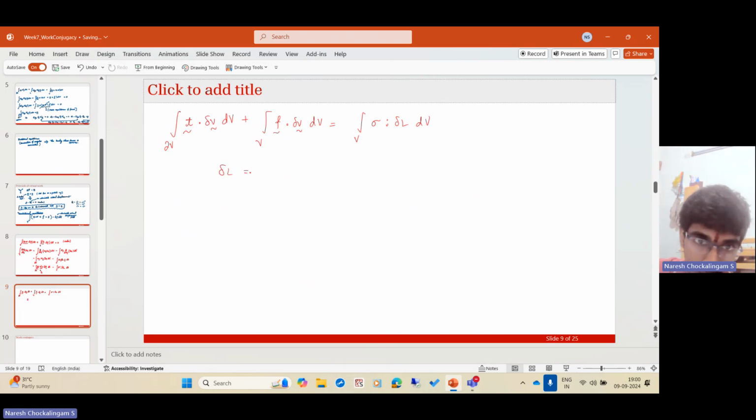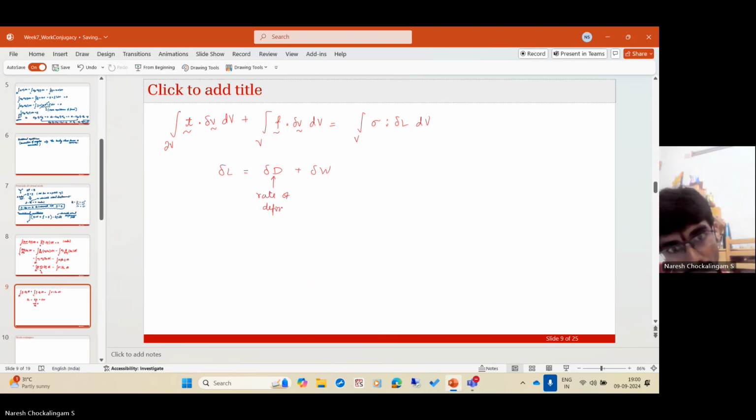δL has a symmetric part and an anti-symmetric part. So this is the rate of deformation tensor, which is symmetric. And this is the anti-symmetric spin tensor. So this is anti-symmetric, with a minus sign here.